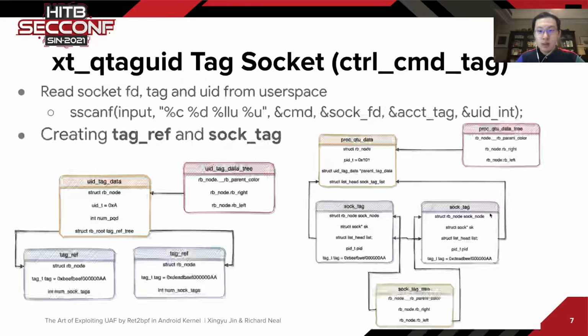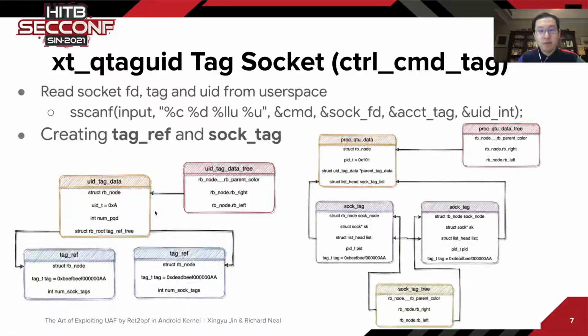While the user space program tries to tag a socket, it has to provide all sorts of information the kernel wants, such as the socket file descriptor, user ID, etc. The two different data structures will be allocated in terms of the UID and PID again.